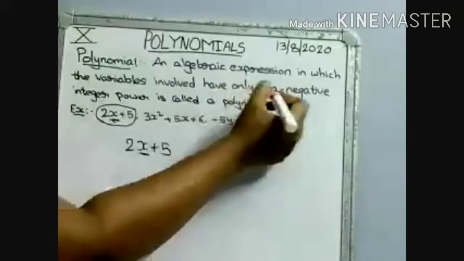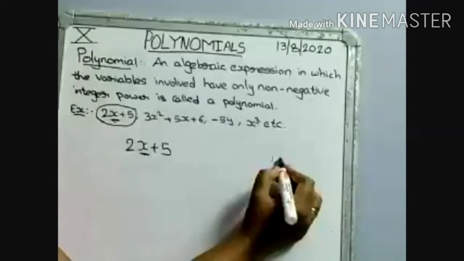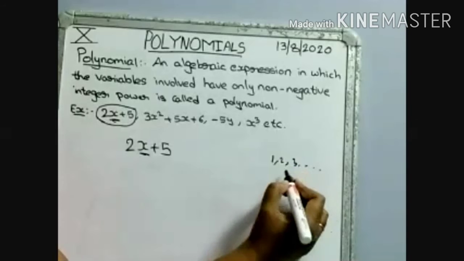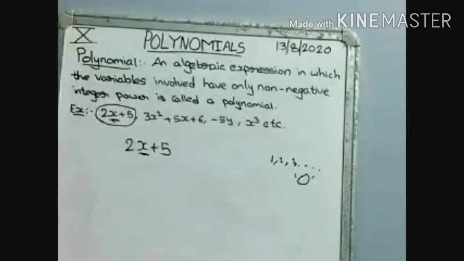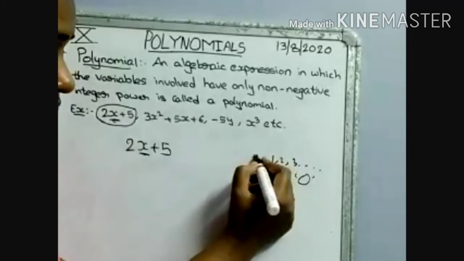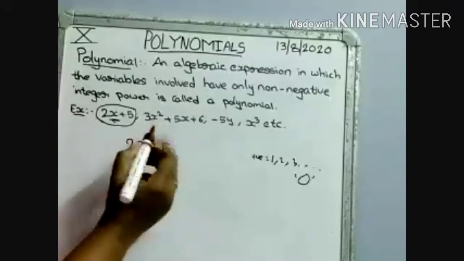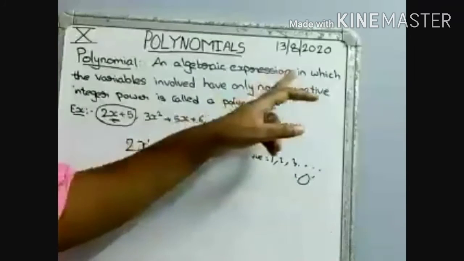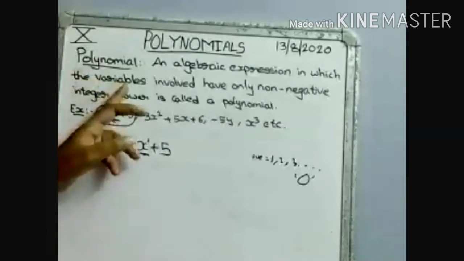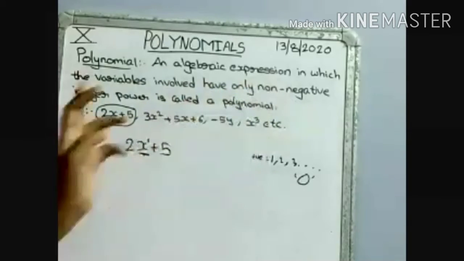Involved have only non-negative integer power. Non-negative means what? Positive numbers. What are the positive numbers? 1, 2, 3 and so on. All these are positive numbers. What about 0? 0 is neither positive nor negative. So a positive number is the power. Power means the raised number. See, an algebraic expression in which the variables involved have only non-negative integer.